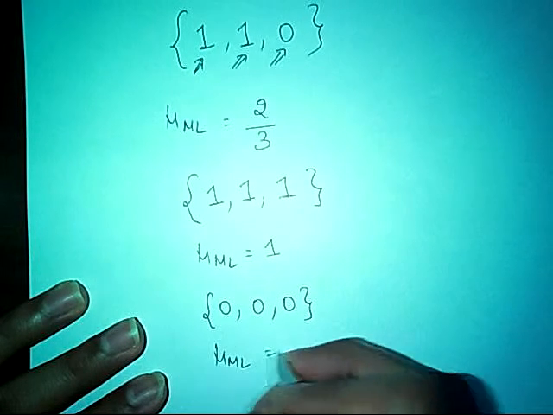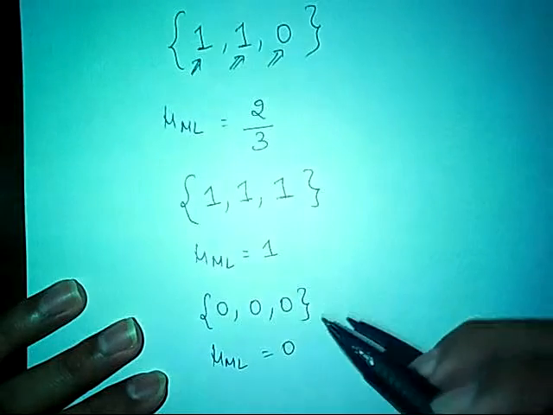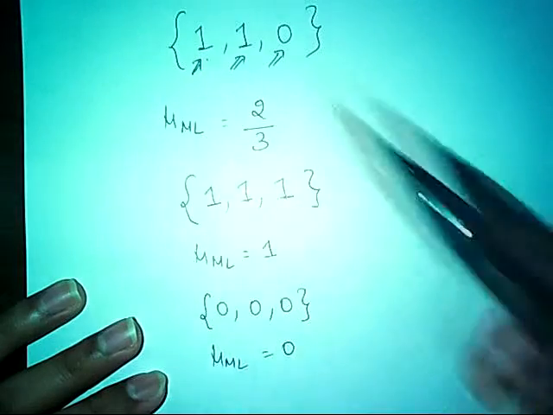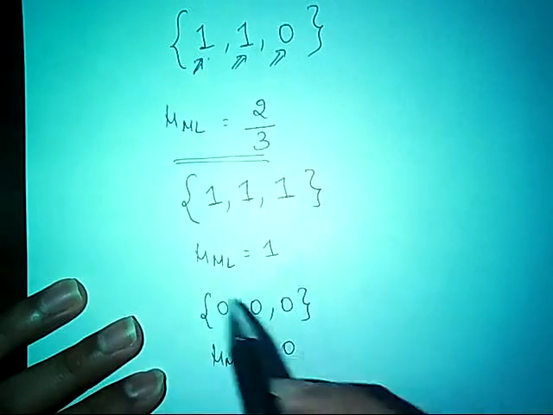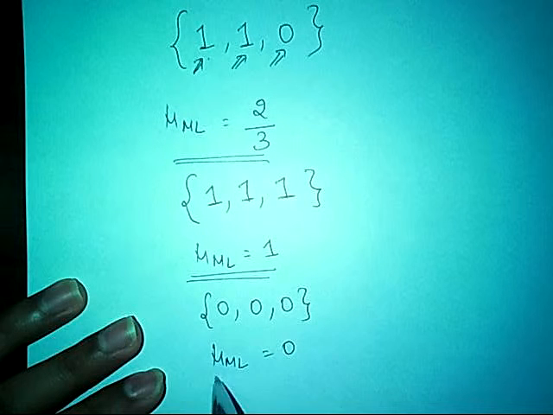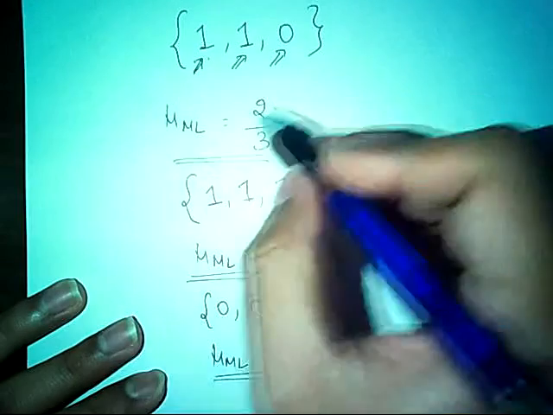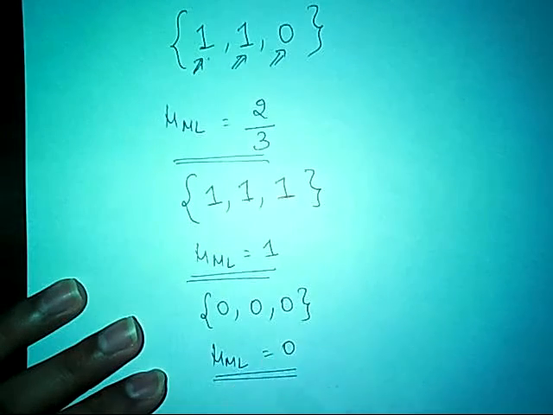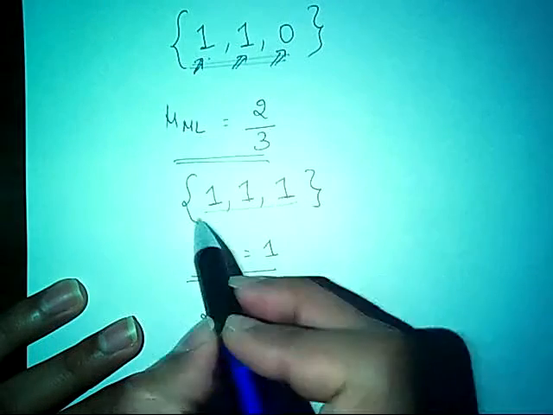I am going to get a mu ML of 0. So as you can see here, a minute variation could cause a greatly different estimation of my parameter. The reason why we have such a huge difference in our estimation is because the sample size is really small.